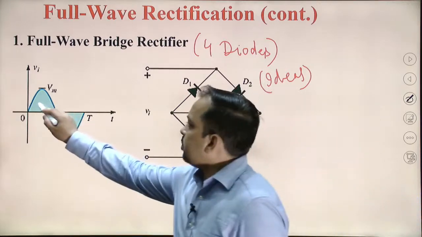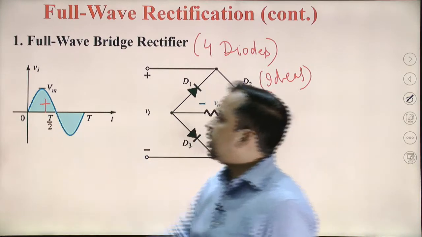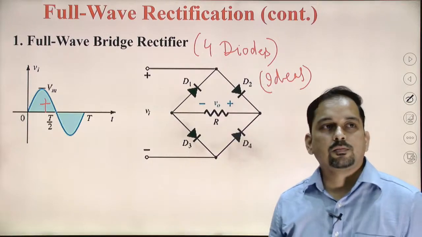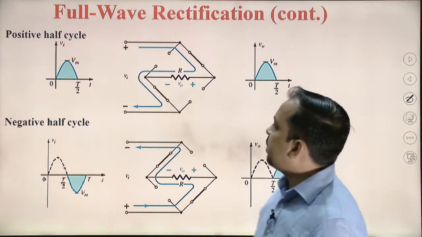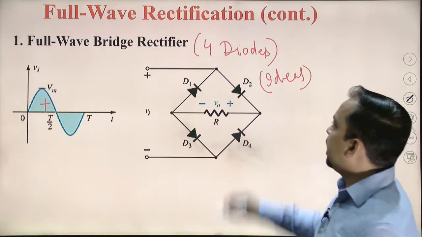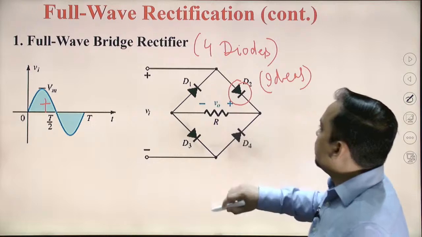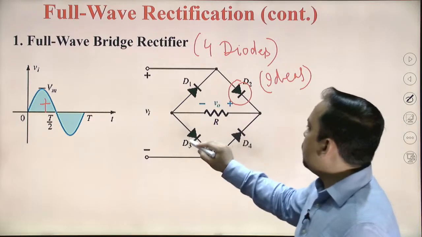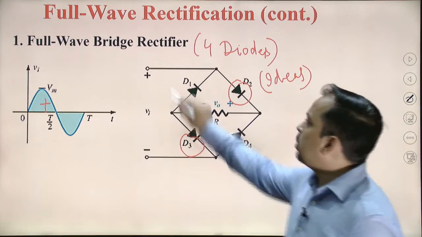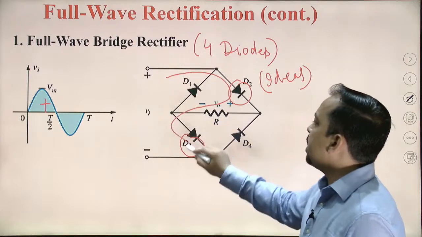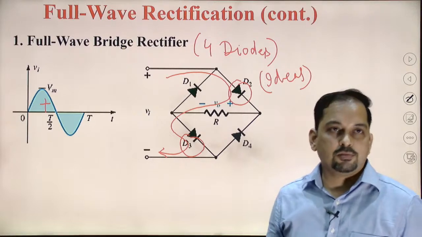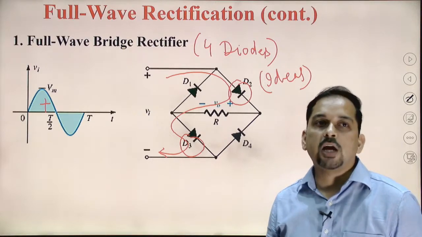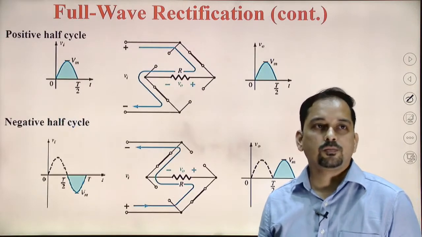So first of all we will consider the positive half cycle. When we are considering the positive half cycle, we can observe that diode D2 and diode D3 are on because the current will flow in this particular manner, whereas diode D1 and diode D4 are off because these diodes will not allow current to flow.